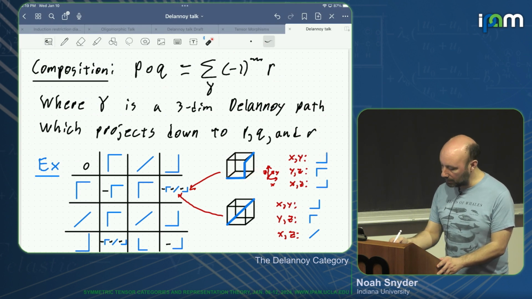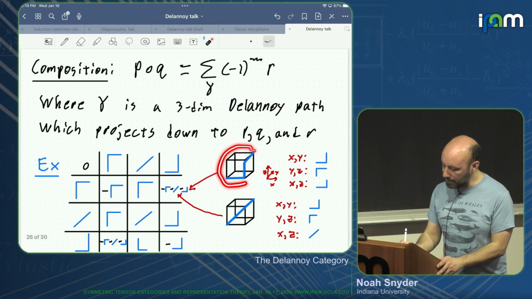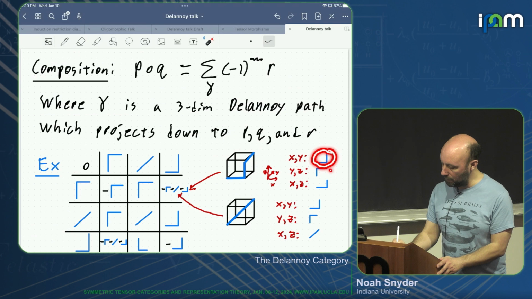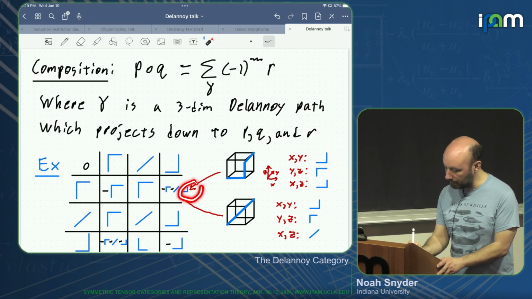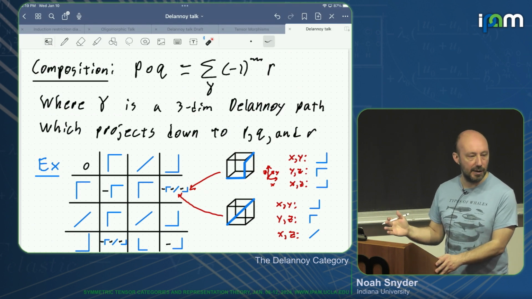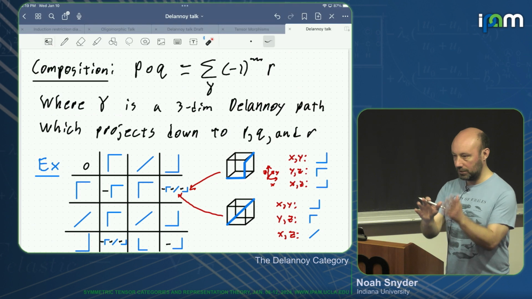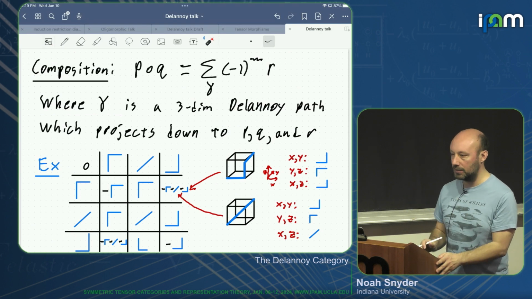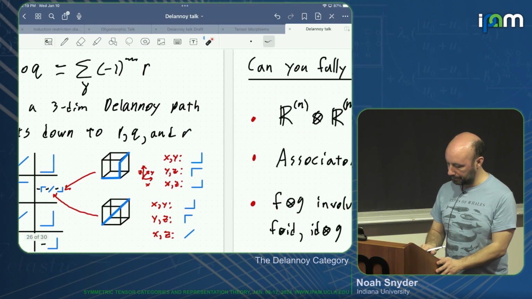I get those 3 projections. And what this tells me is that this path assures for me that the composition of this with this contains that, which you can see here. Okay? And you can recover the same composition rules that we saw before by just looking at these projections of 3-dimensional paths.